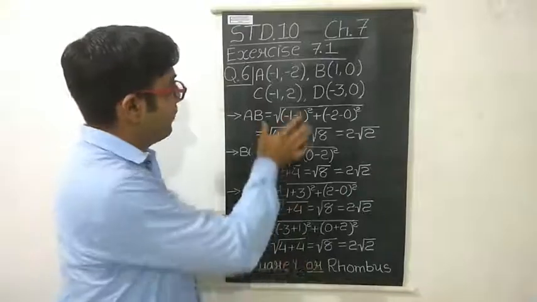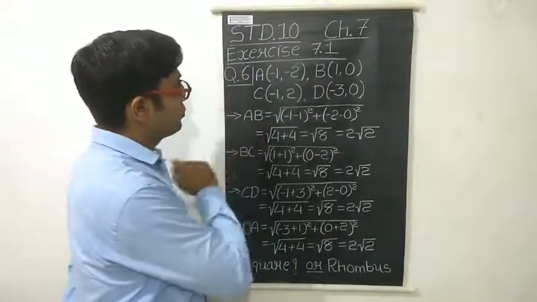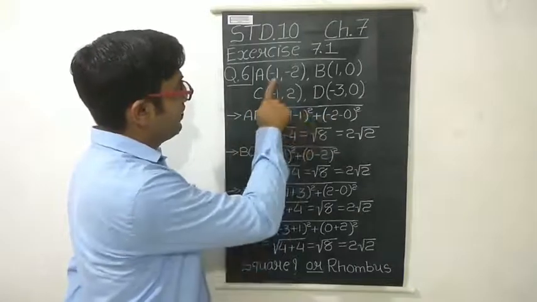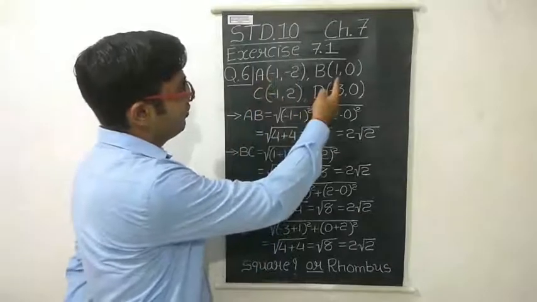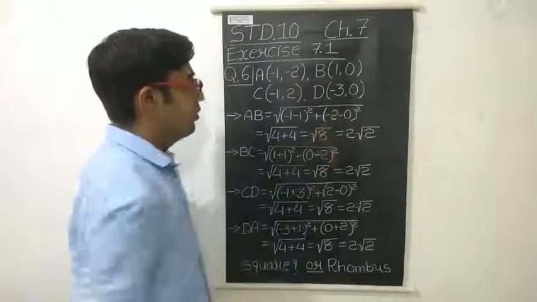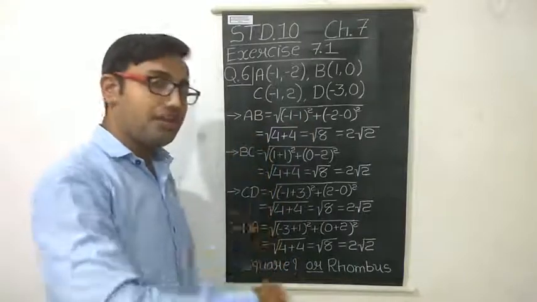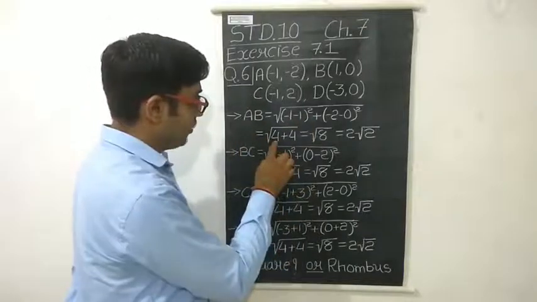So let us first of all find out the distance between the points A and B. So AB is equal to what? Under root (-1 - 1) whole square plus (-2 - 0) whole square. -1 - 1 is -2, and -2 square is +4. So under root 4.